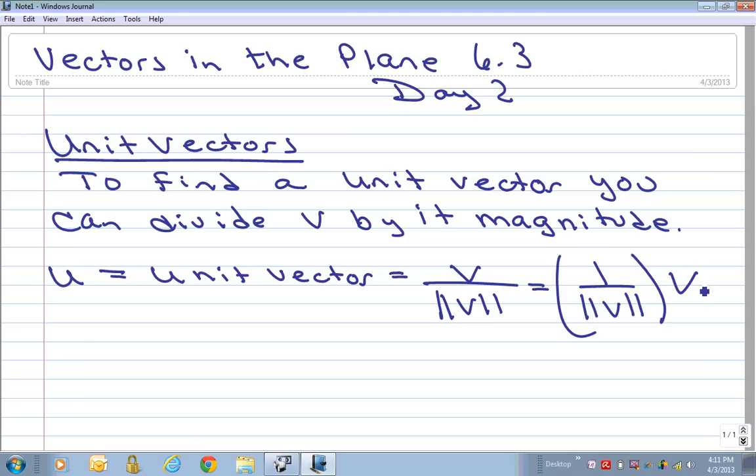Remember, I told you a scalar was a number, and in this case it will actually be a vector itself, but it's a value that is a multiplier. That's primarily what it does. All right, we're going to note a couple of things that are important.